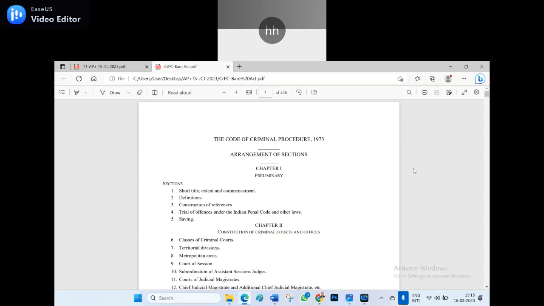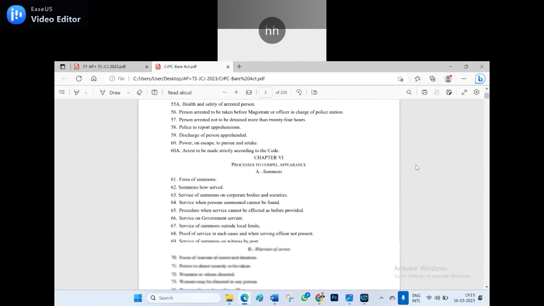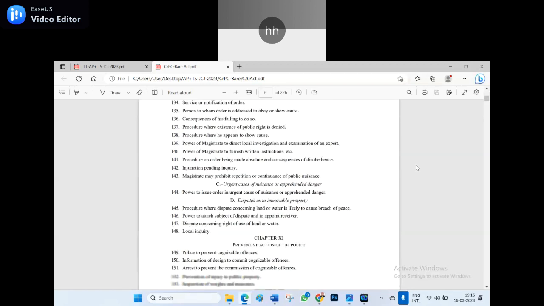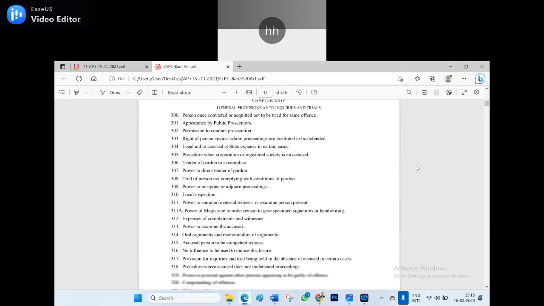That is the Prisons Act, deleted in the 2022 amendment. The last amendment for the CrPC is 2022, and the Identification Act is made. That is Act number 11. But how could you know this Act number? In the first page, when the details are given, the Act number will be given. I will show you here because it's very lengthy.